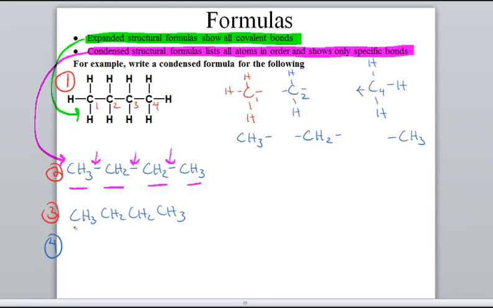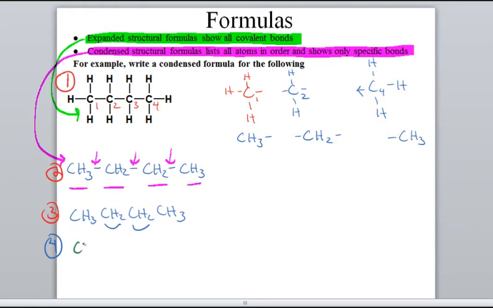How could we simplify it even further? Well, if we look at this structure, CH3, there's a repeating of 2 CH2s. You can group repeating carbons together, and it would look something like this.